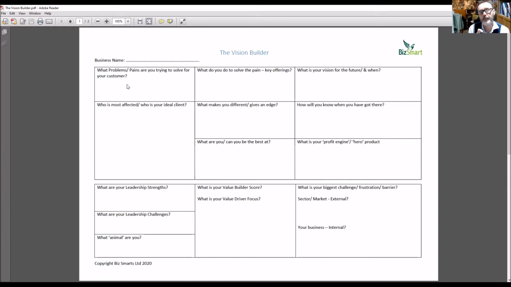And try and think about that. You've probably already got that, because we're all businesses that have got to a decent point, but really make sure you've got that nailed from a customer perspective. And it links a little bit with the next one, which is what are you, or what can you be the best at?